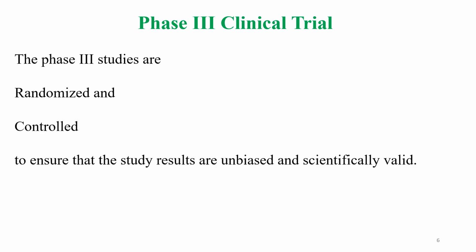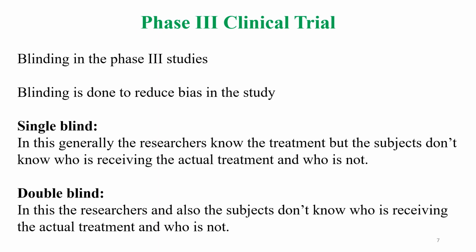For getting scientifically valid, unbiased data, the clinical trials are to be randomized and controlled, because on the basis of this data the new drug application will be done, and regulatory bodies will review the data and provide the approval. So the data should be very clear.